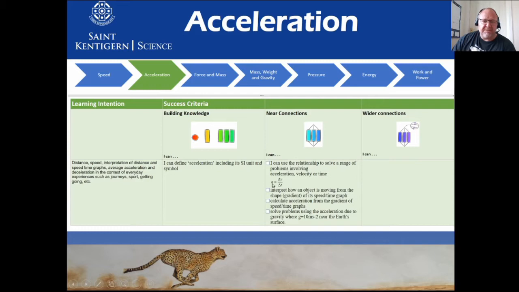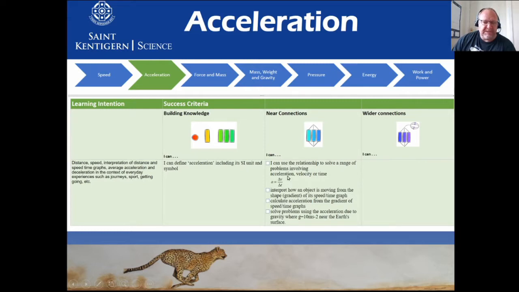And our acceleration equation is acceleration A equals change in velocity over change in time. Now remember, velocity is always meters per second or kilometers per hour. So in this case, if we have meters per second, so how many meters you travel every second, and we divide it by another second, we're going to end up with meters per second squared.